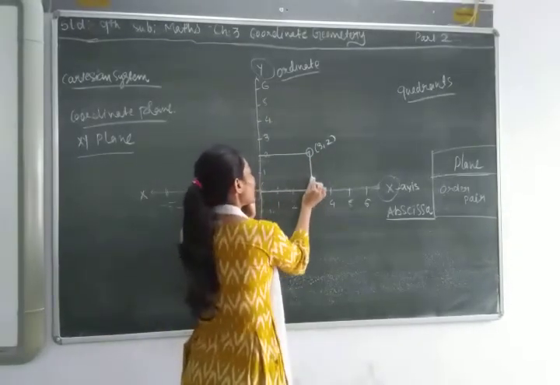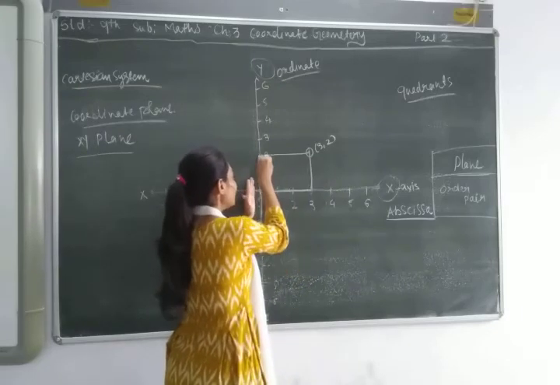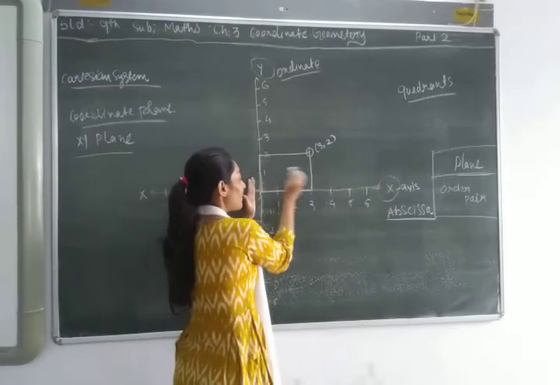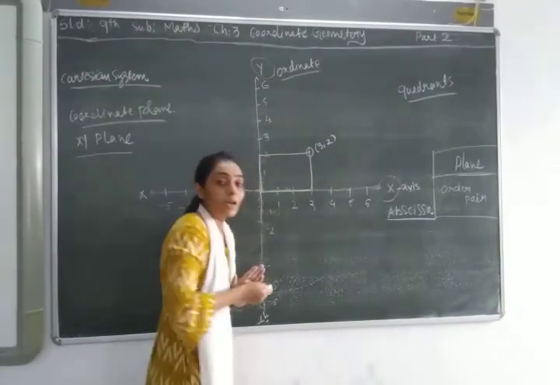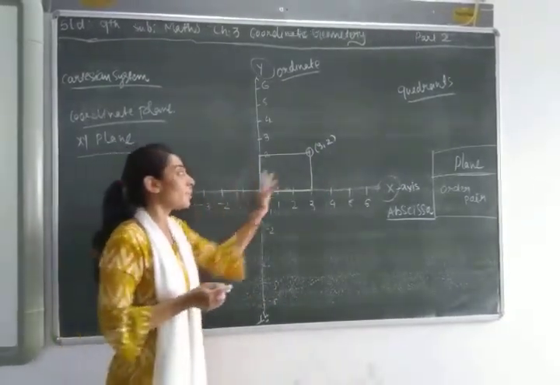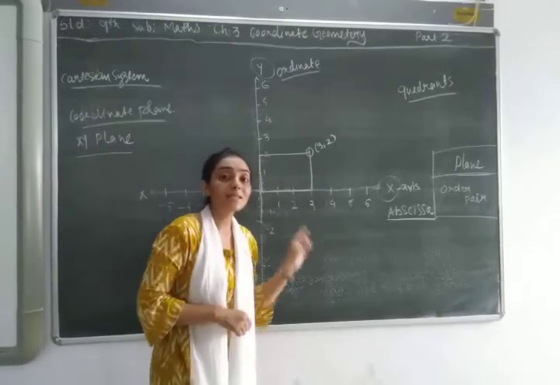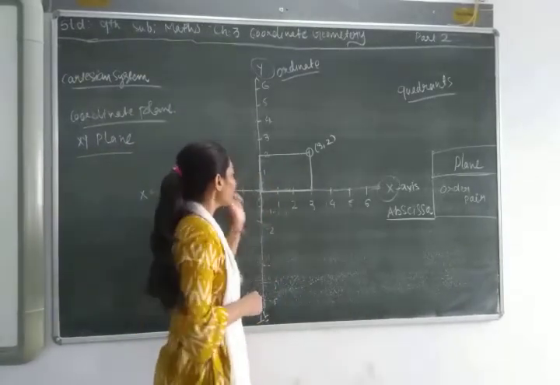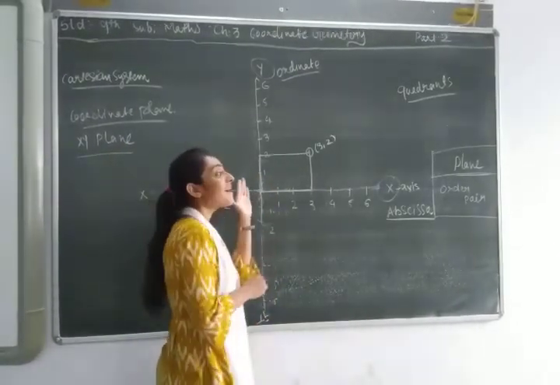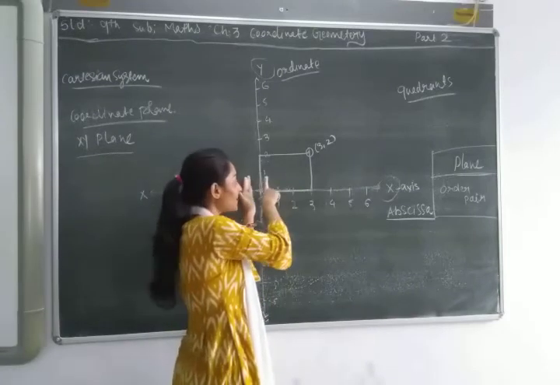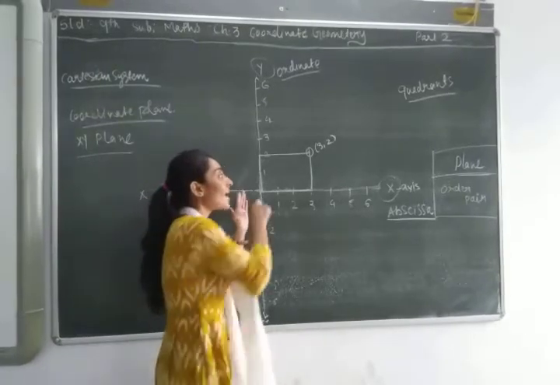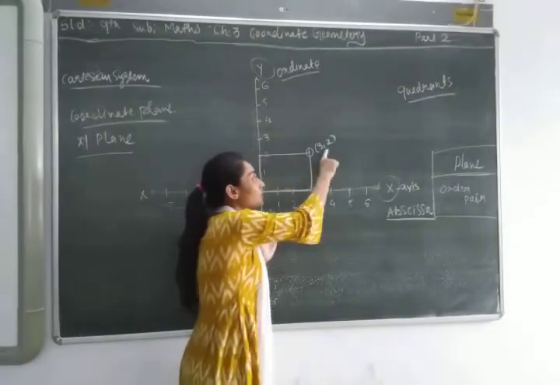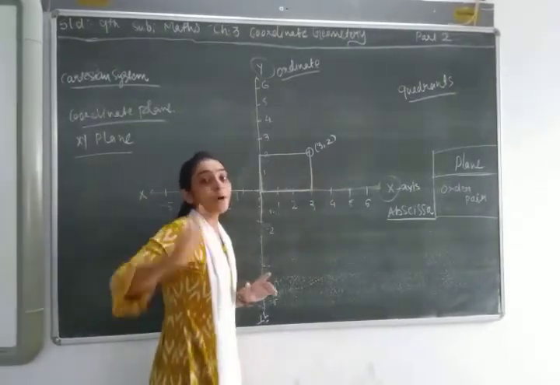Okay. So this 3 and this y-axis are parallel to each other. It means this point 3, we already discussed, represents a distance from the y-axis. How far is this point 3 from the y-axis?